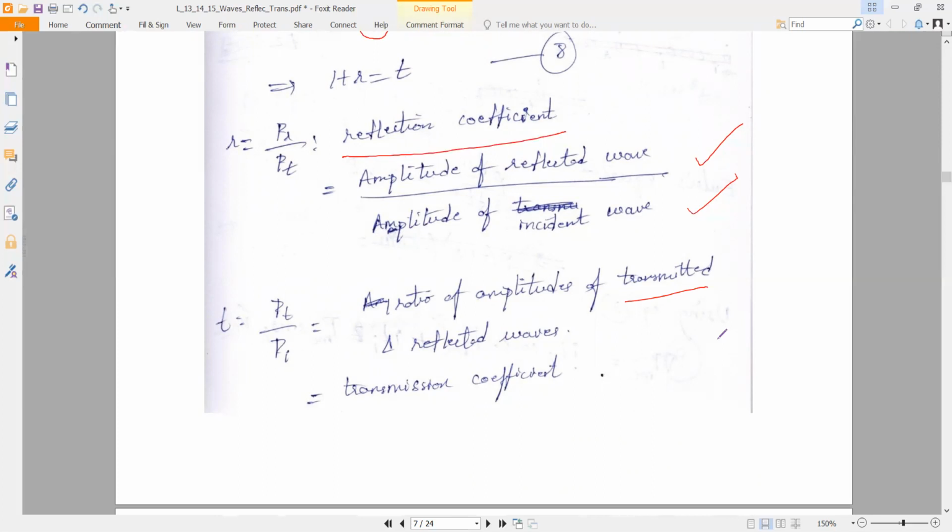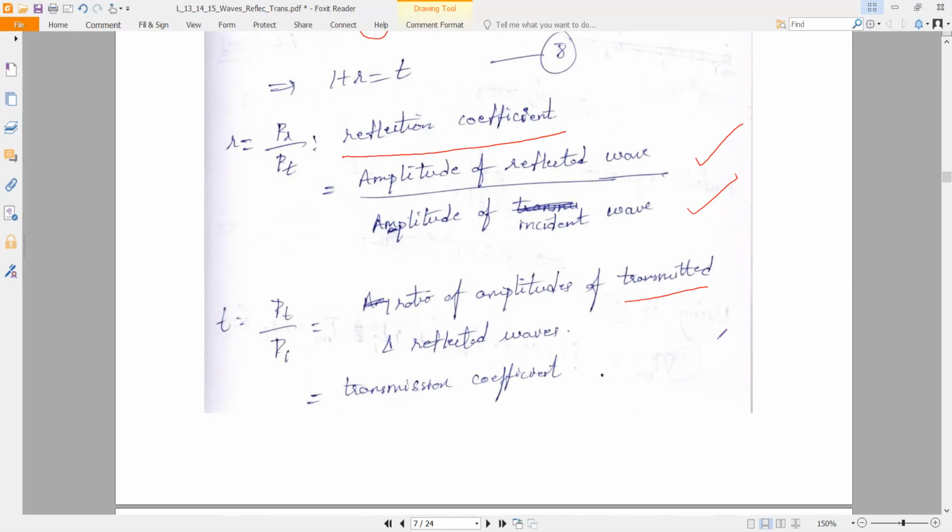They are not identical. Reflection coefficient with respect to pressures is not identical to reflection coefficient with respect to velocities. So when people say reflection coefficient, by default, they mean the reflection coefficient with respect to pressures or stresses.